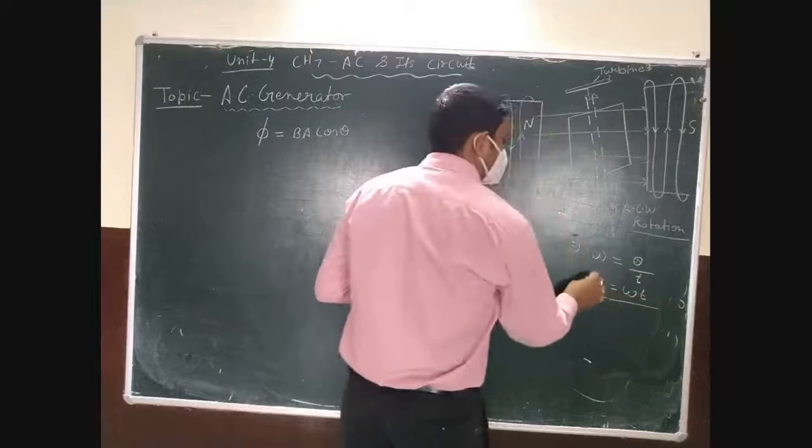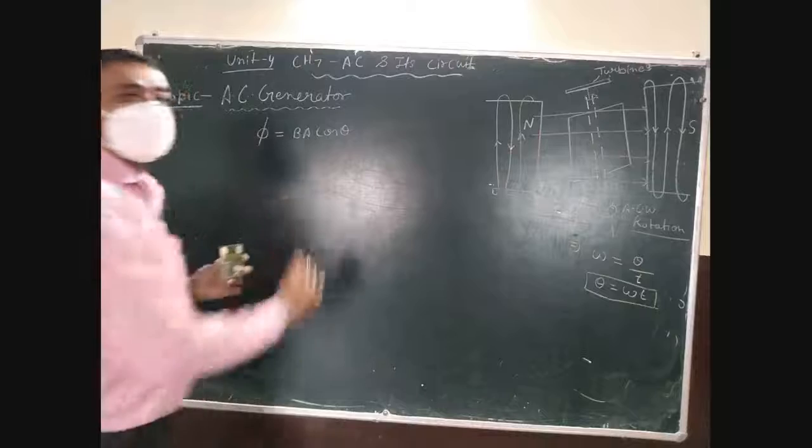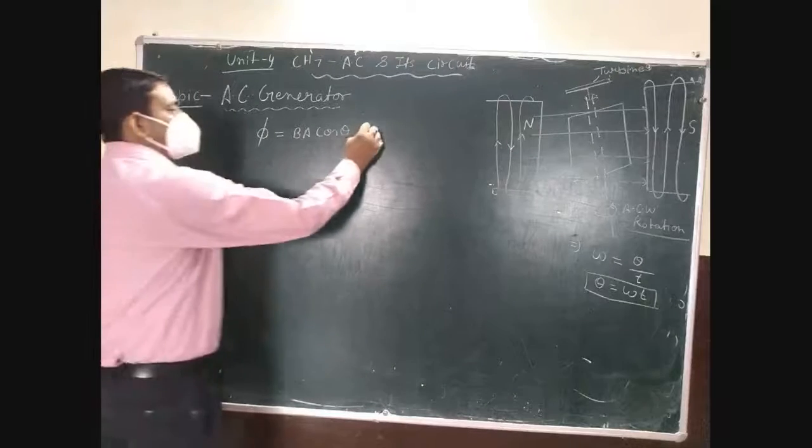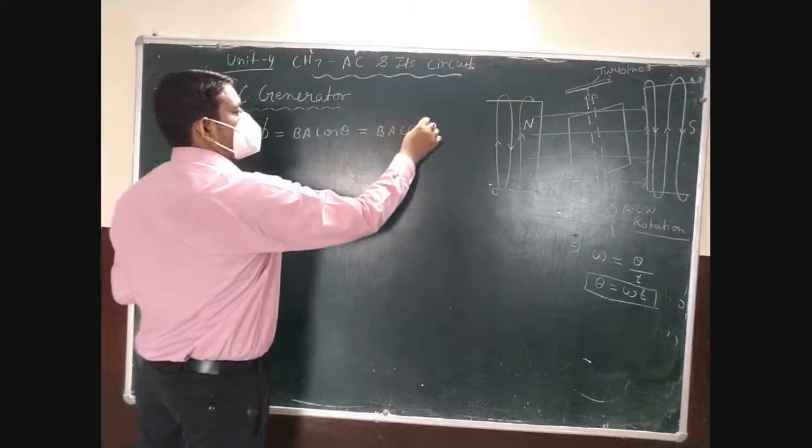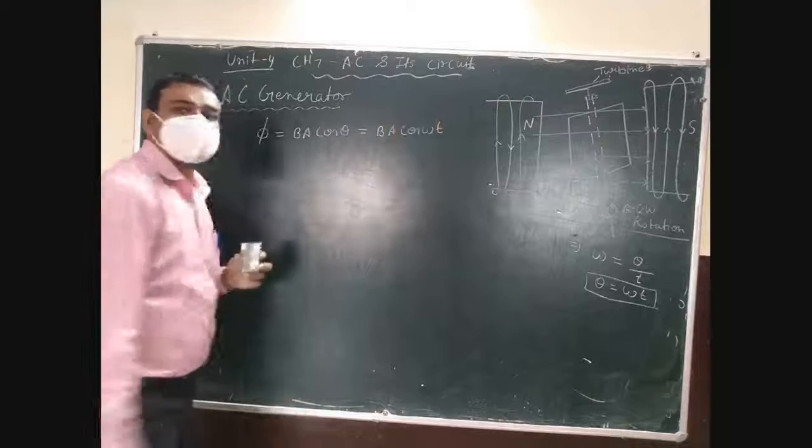Clear? Now from here you will calculate that theta is equal to omega t. So we can use this result in place of theta in our equation, that we get BA cos omega t.